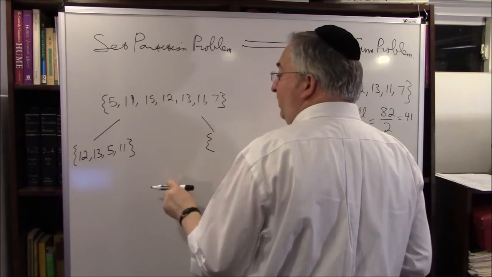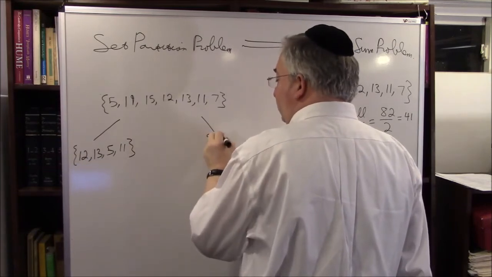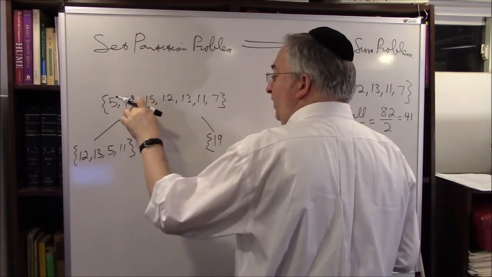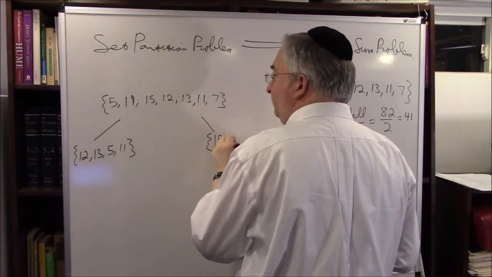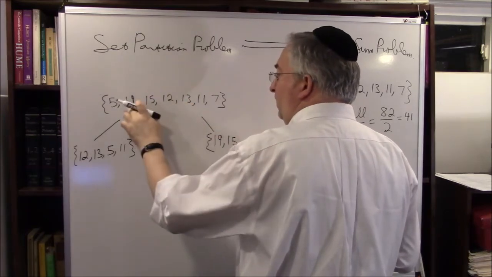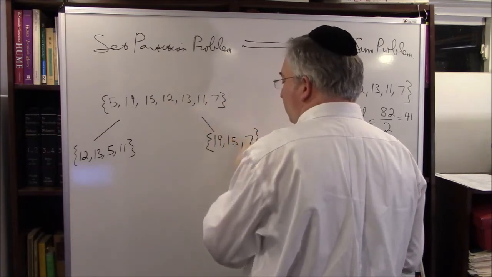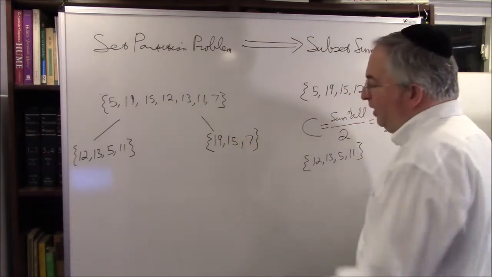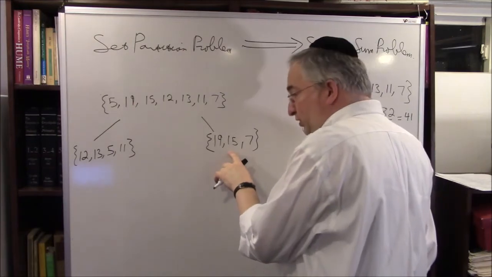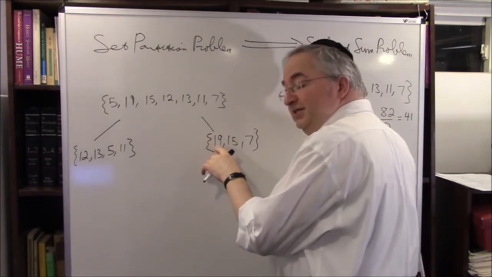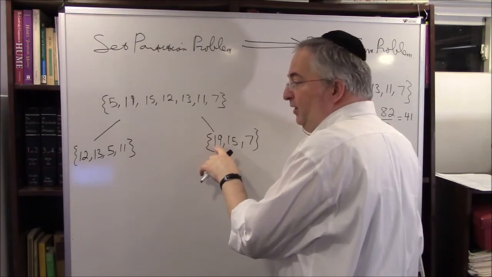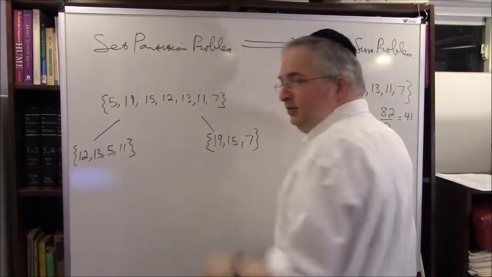Let's see what's not in here. 19 is not in here. 15 is not in here. And 7 is not in here. Let's just make sure this works. 7 plus 15 is 22. 22 plus 19 is 41. This is 41, and this is 41.